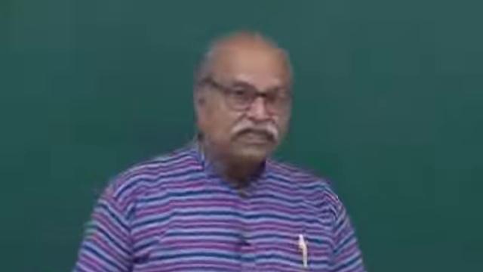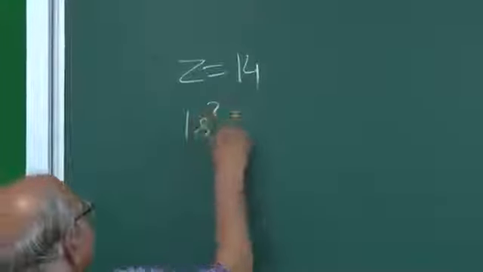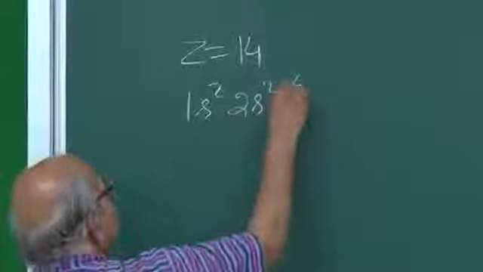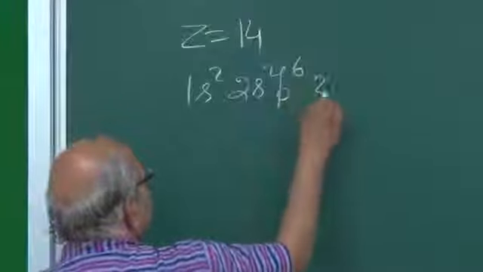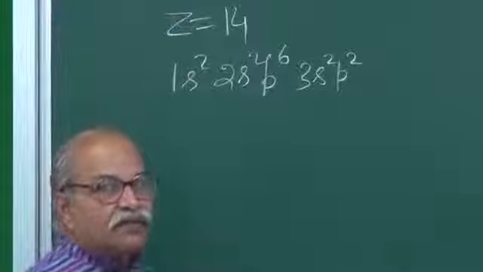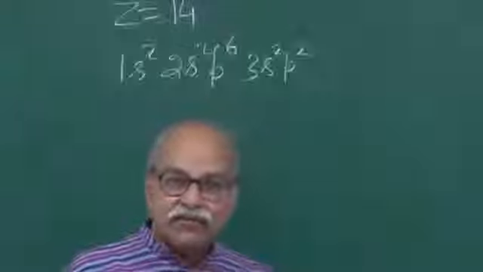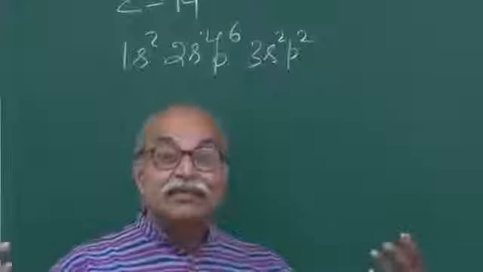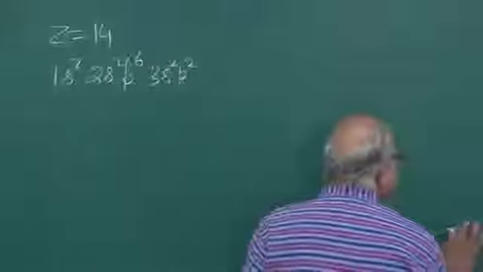Okay, so silicon is Z equal to 14, and its electronic configuration will be 1s2, 2s2 2p6, so 2, 8, and then 4: 3s2 and 3p2. If you have a single silicon atom, or capital N atoms but not interacting with each other, widely separated from each other like in a vapor, then you will have these energy levels.